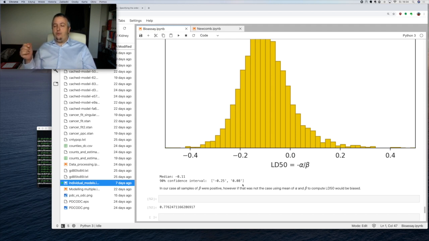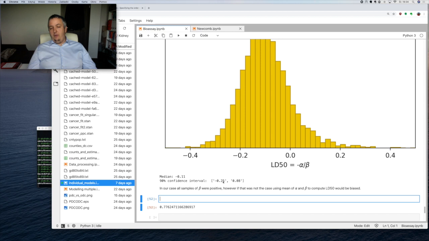But the issue here is that remember that this dose is on the logarithmic scale. So if you move from the logarithmic scale to the actual scale, then the doses in question would vary from 10 to the power of minus 0.25 up to 10 to the power of 0.08.